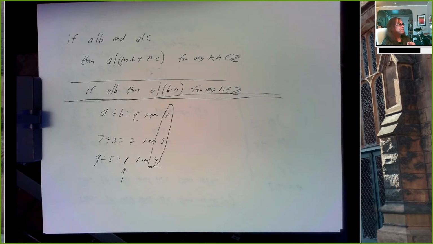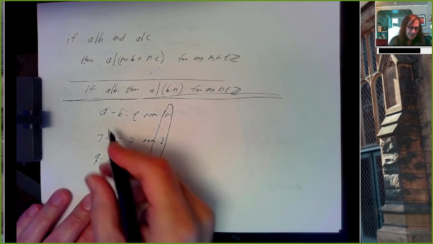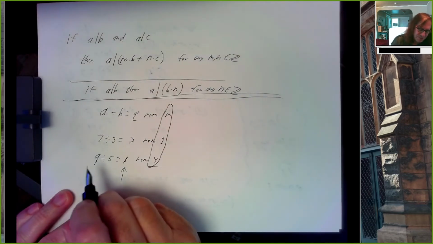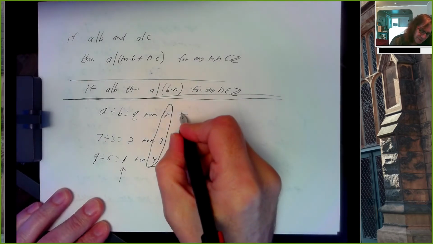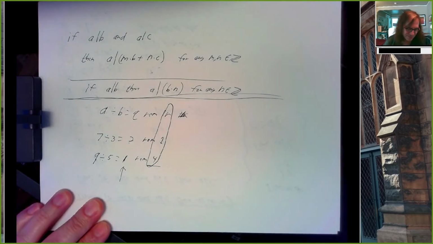So if we make this a little more formal, when we say A divided by B is some quotient with a remainder R, what we're saying is, I don't want to draw a double arrow because I don't want to be logical.